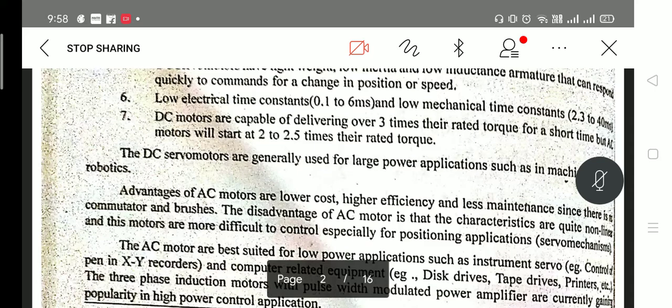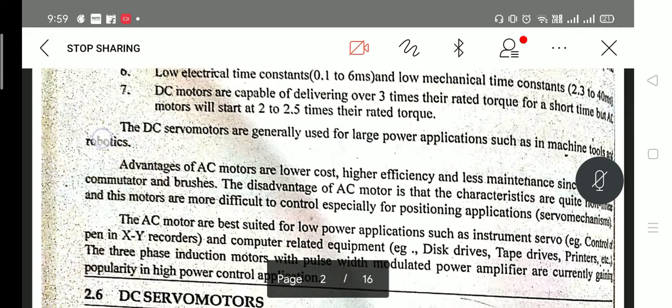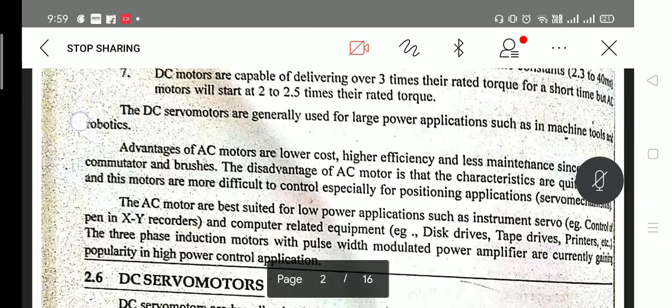But we can control the speed commands and all those things in DC very easily. This is the main difference between AC and DC servo motor. Okay. The AC servo motors are used in low power applications.